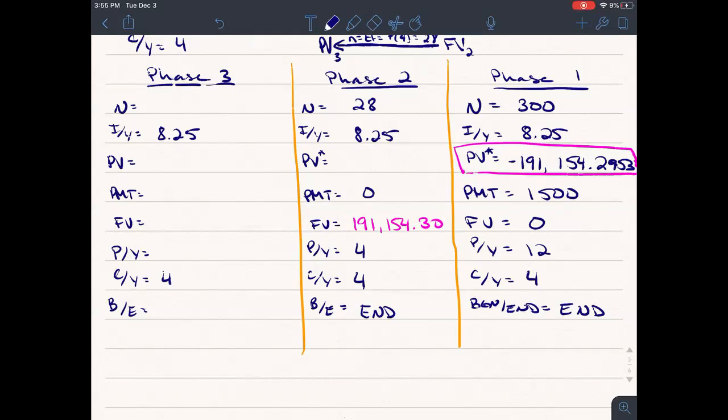If you kept all your decimals, it'd be fine, but 1915, oh, I missed the 4. 4.30. That would make a big difference. Is the future value, and then I've got 4 payments per year and 4 compoundings per year. And I'm still in n mode, so now I can compute my present value.